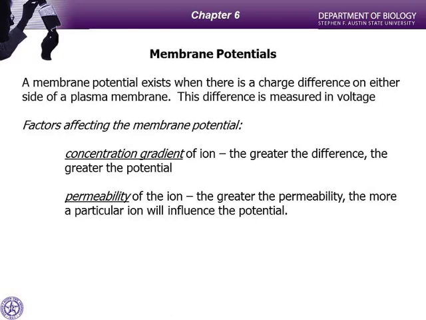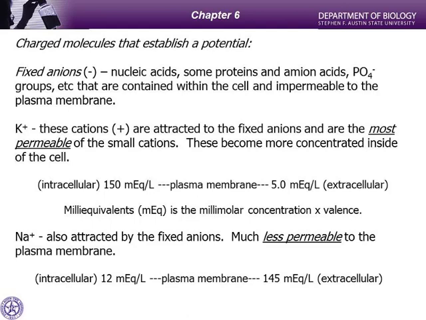Now, here's another one that doesn't necessarily and routinely come to your mind, because we have a lot of anions. And what charge do anions have? Negative charge. What do we call the positive charged ions? Cations. So we have a lot of anions that are said to be fixed. They're ions inside the cell that are tied up in nucleic acids, in proteins, in amino acids.